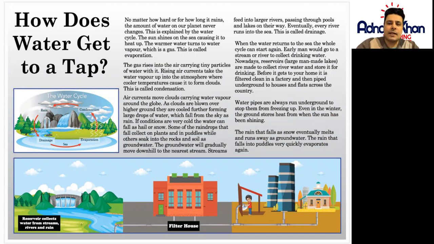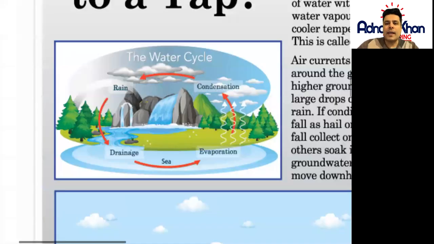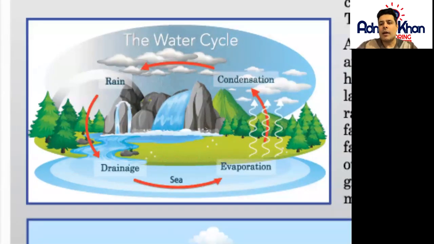So we can see this diagram here in front of us of the entire process. We have the sea here and the warm sun and the hot weather makes the water vapor rise into the air, creating evaporation. And then when that water turns into clouds, it undergoes a process called condensation.